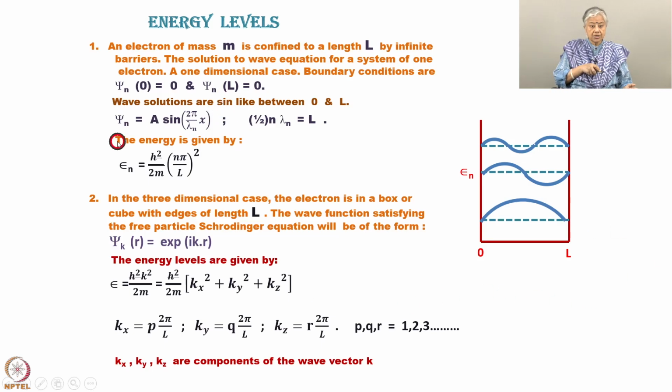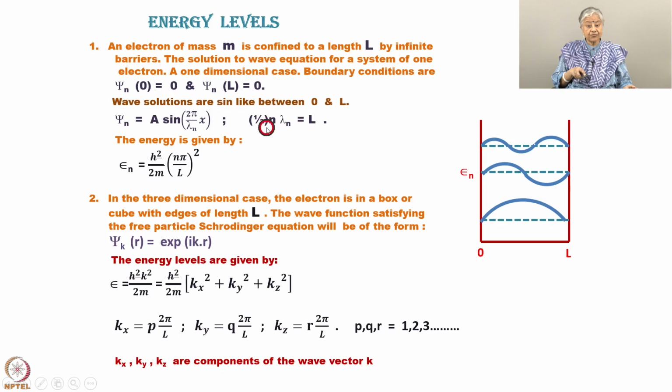So, the wave is A, which is the amplitude, sine of 2 pi x by lambda n. It is a sine wave, where n times lambda n by 2 is equal to L. n is an integer.